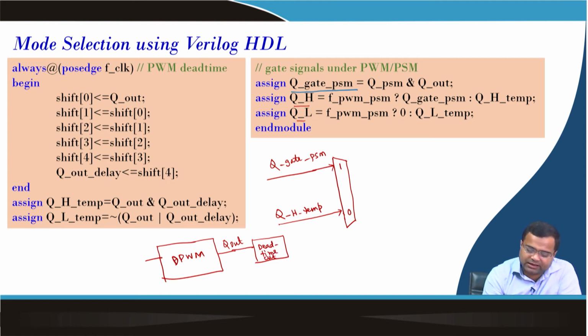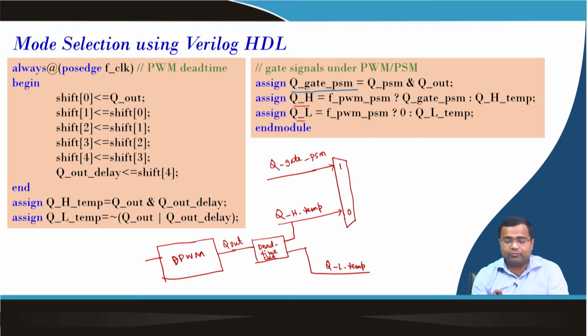Dead time circuit will have this Q high, and there will be another Q low, QL temp, because under PWM we will operate in a synchronous configuration, and this will be going to the Q high side gate signal based on the select line.